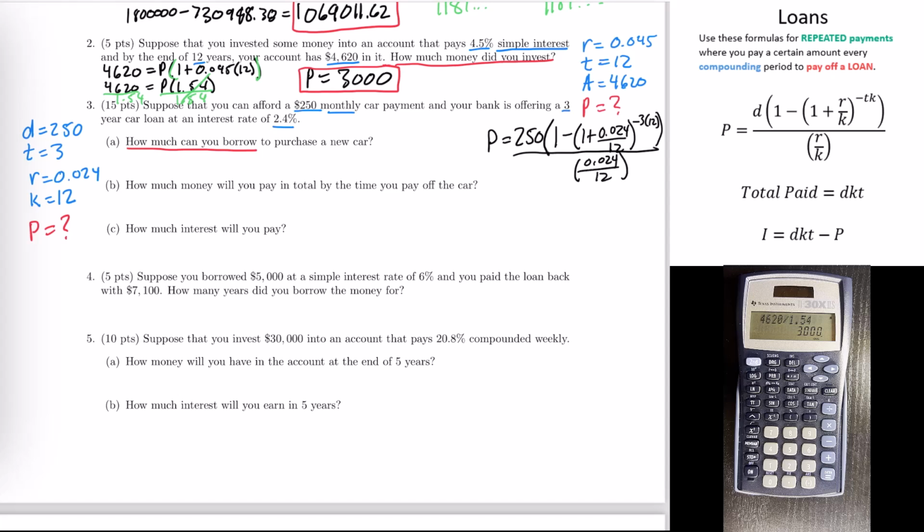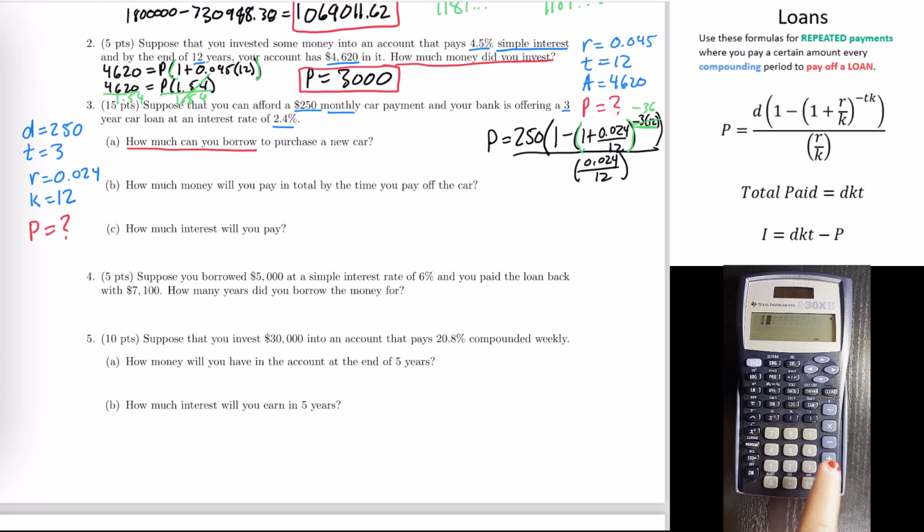So to simplify this, I just need to simplify my parentheses. So inside of these parentheses, my exponent is -3 times 12, which is going to be -36. So that will help me later on in my calculation. And then I'm going to start working on this innermost set of parentheses. So I do 0.024 divided by 12. That gives me that decimal.